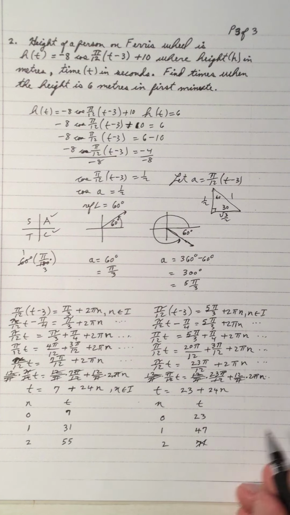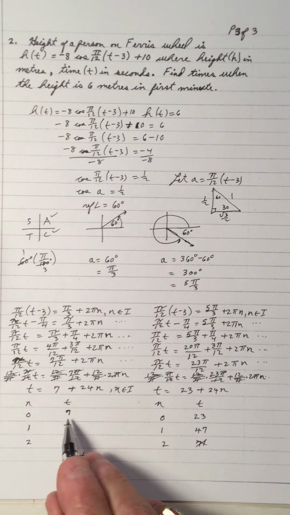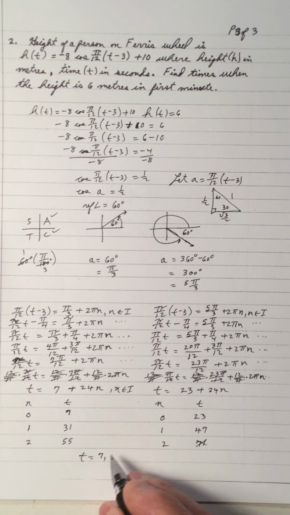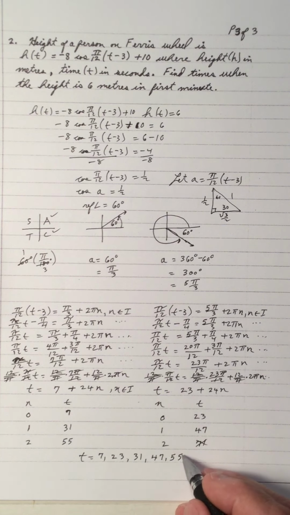So the answer for t, to have a height of 6... Put them in order: 23, 31, 47, and 55. So those are the times when the height will be 6 meters, and this is all seconds.